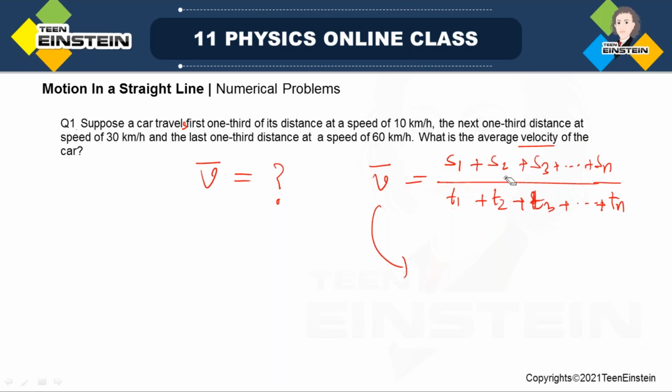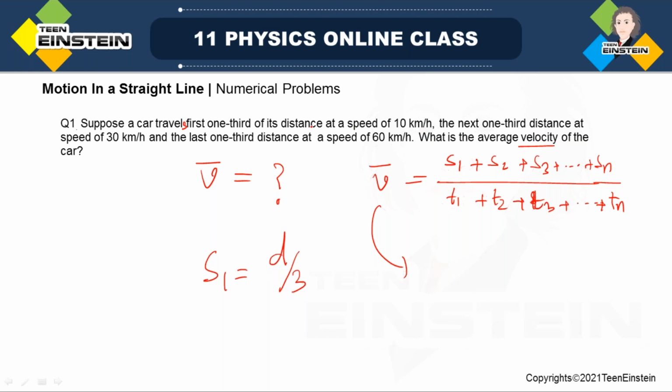Can you tell me whether the displacements are given? The answer is yes. A car travels the first one third of its distance. Suppose the distance is d. The car travels one third of it, so d by 3. If the total distance is d, then d by 3 is s1.